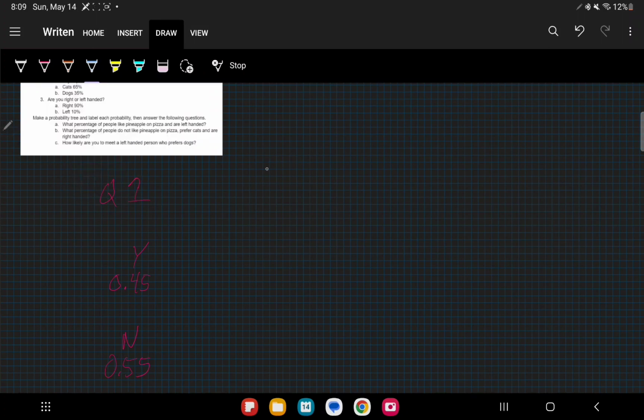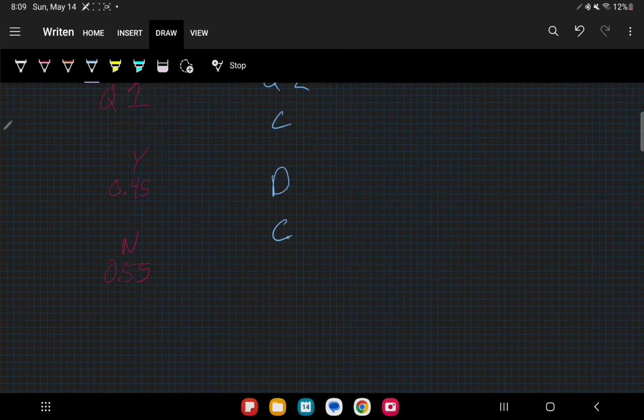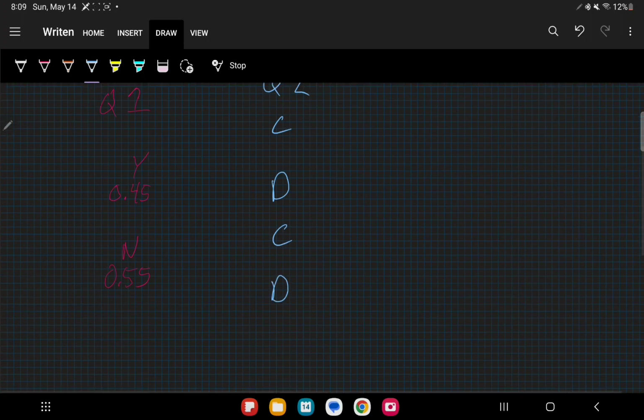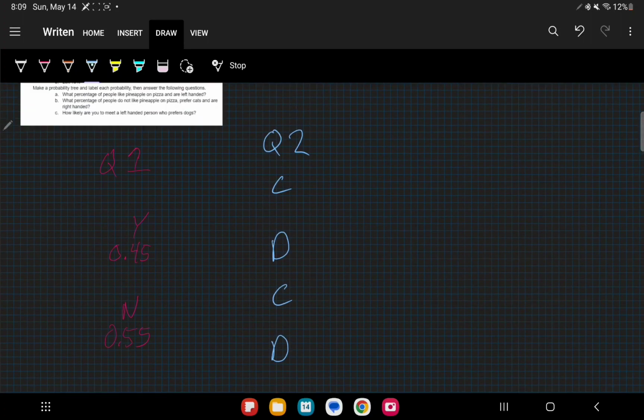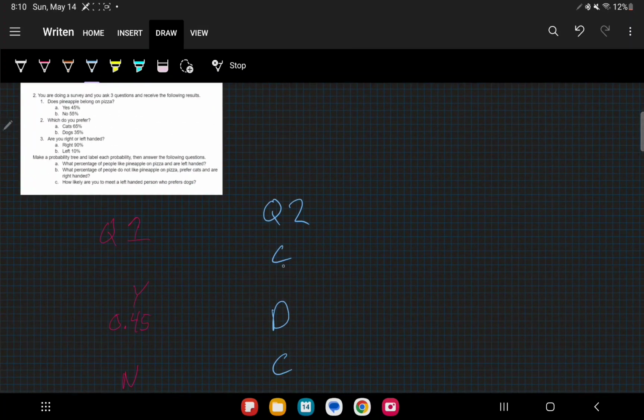Next, do Q2, which is cats or dogs. I'll use C for cat and D for dog, and C for cat and D for dog. And then here, I need to fill in their probabilities. Cat gets 0.65.